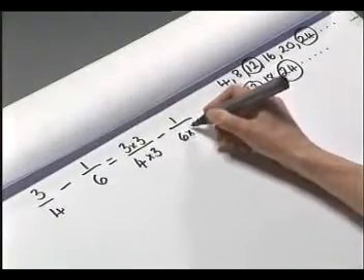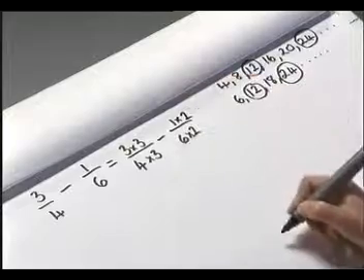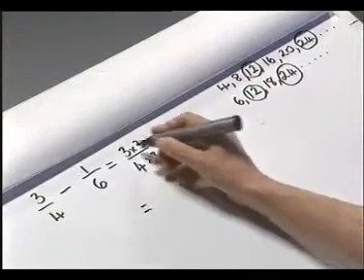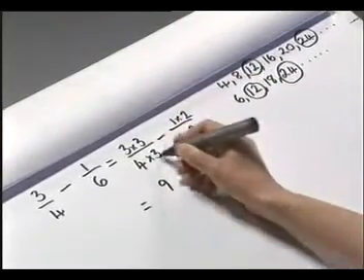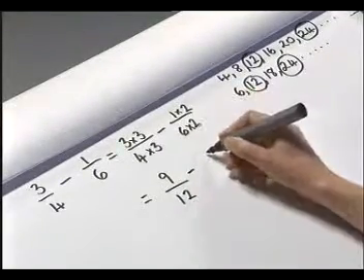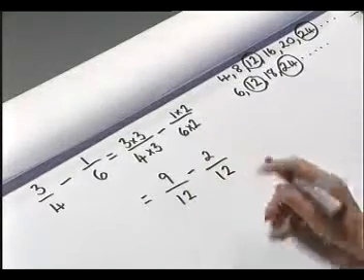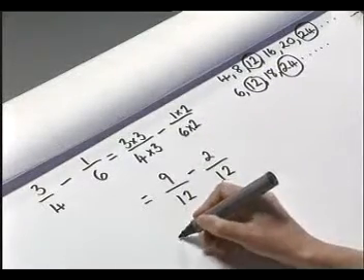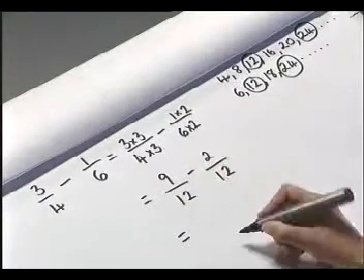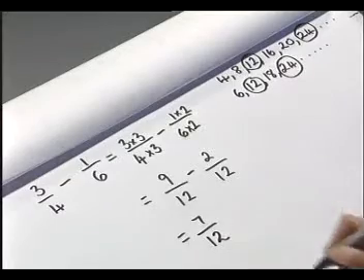We've multiplied by 2. So we must multiply our numerator by 2. 3 3s are 9. 4 3s are 12. Take away 1 2 is 2. 6 2s are 12. Now our denominators are the same, so we can simply subtract the numerators, giving us a result of 7/12.